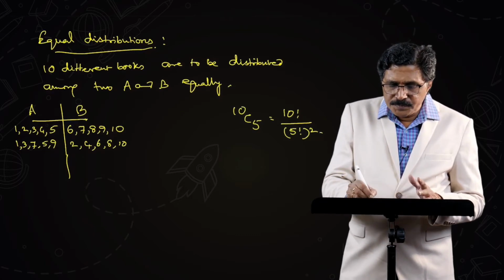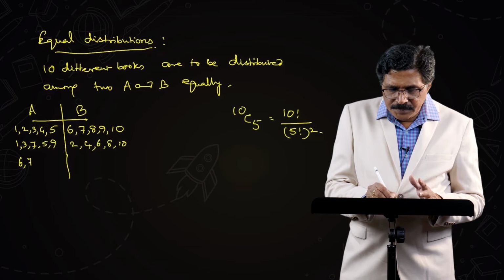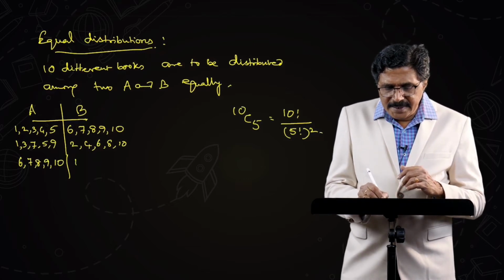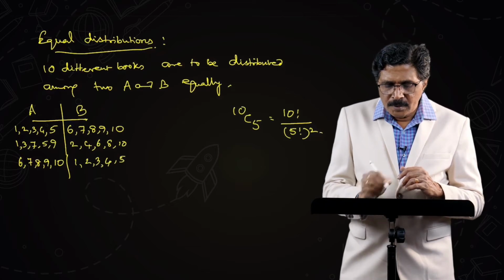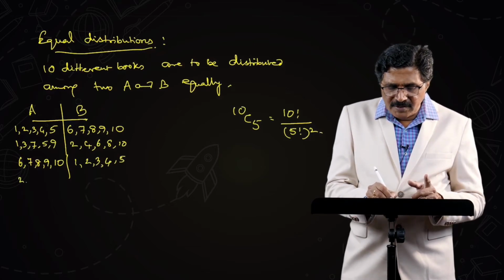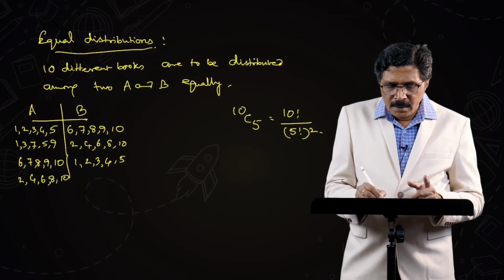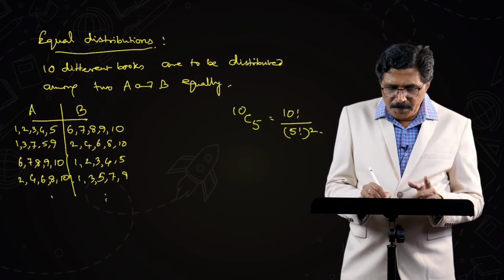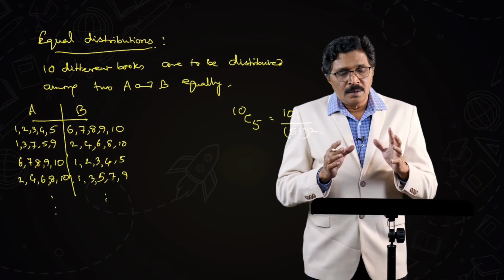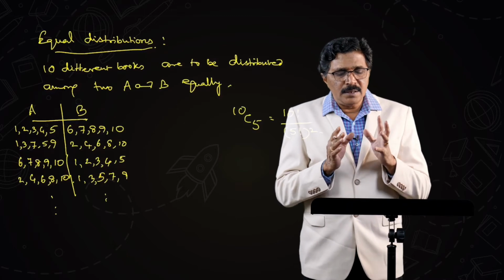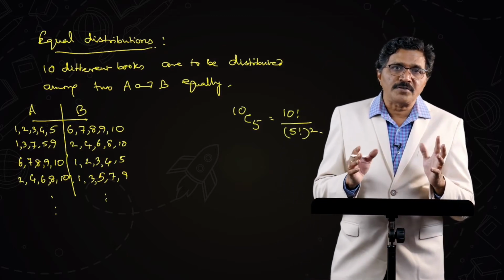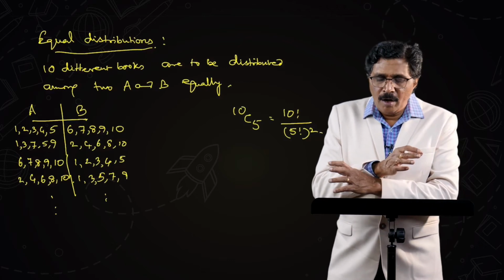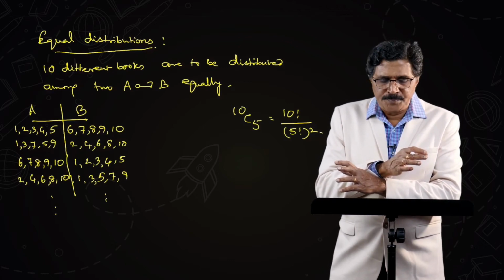Suppose A chooses 6, 7, 8, 9, 10. In that case, B automatically takes 1, 2, 3, 4, 5. Suppose A chooses 2, 4, 6, 8, 10, B automatically takes 1, 3, 5, 7, 9, etc. So, what I am trying to tell here is that not only dividing the 10 books into 2 equal parts, the set interchanges are also included in this 10c5, or what we call 10 factorial by 5 factorial whole square.